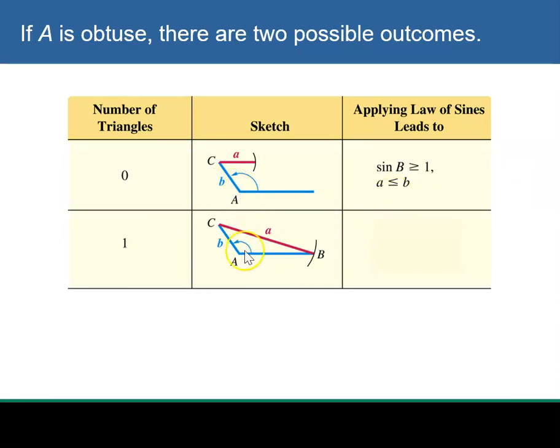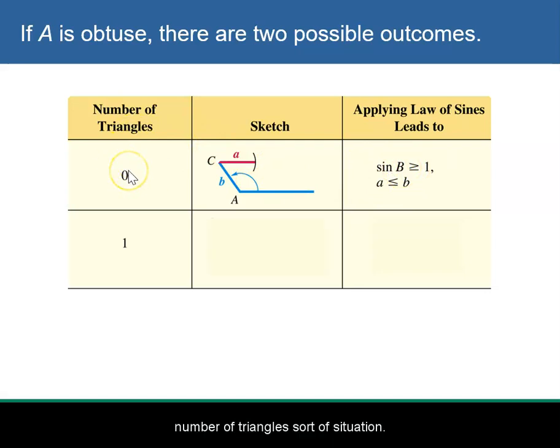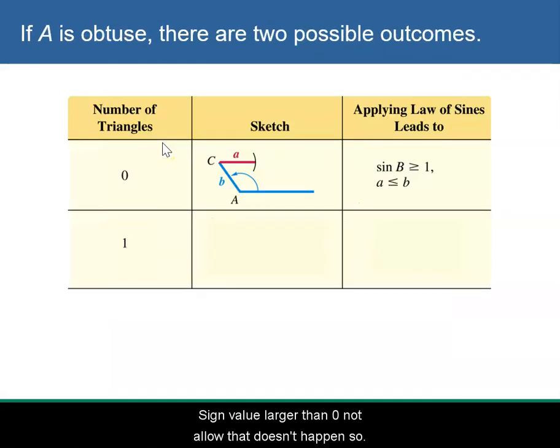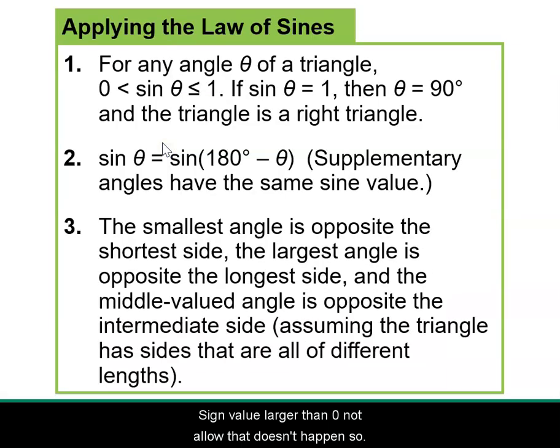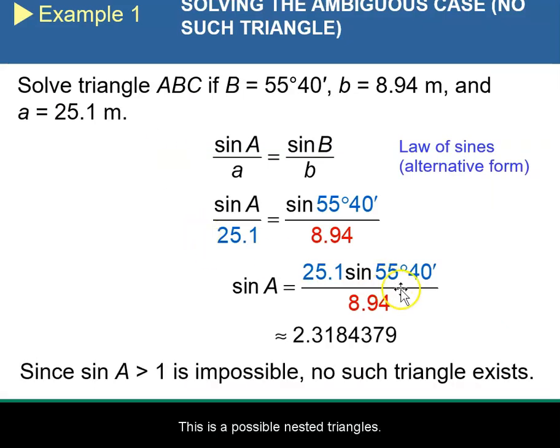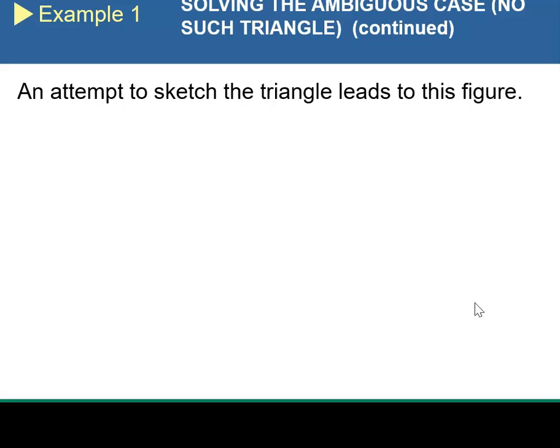My A in this case would be something like this, but I have a sine value that's larger than 1. That's a zero triangles situation. A sine value larger than 1 is not allowed. That doesn't happen. So there's no triangle for me to solve here. This is impossible. No such triangle exists.